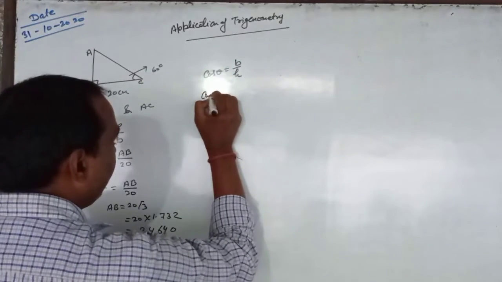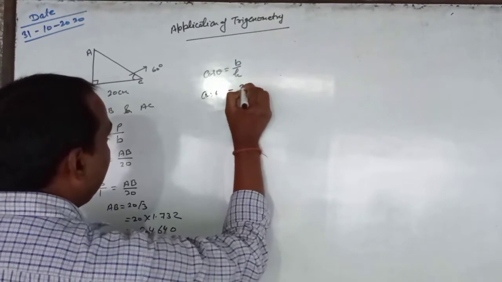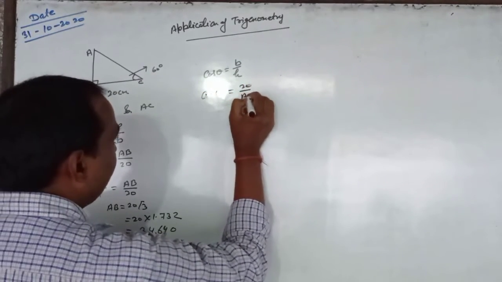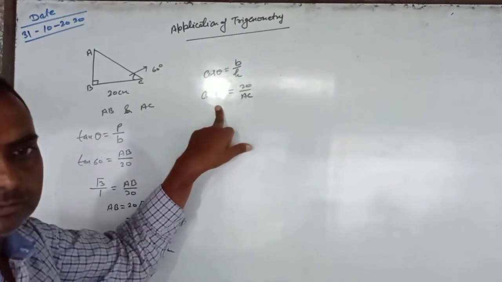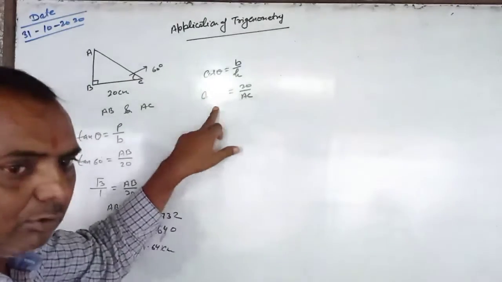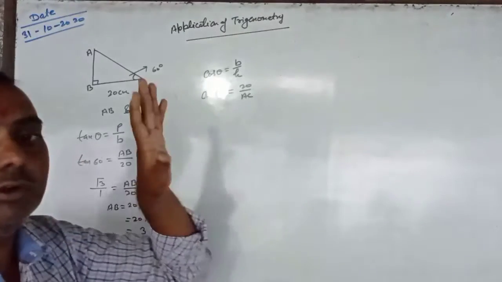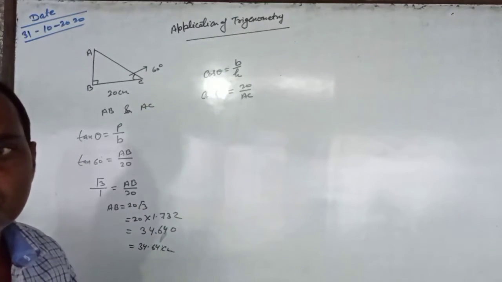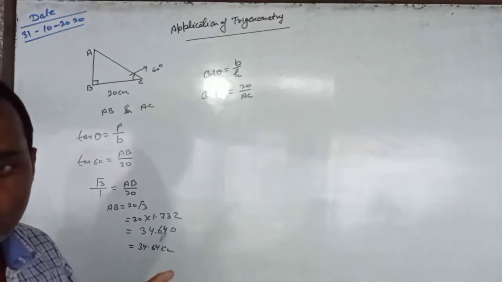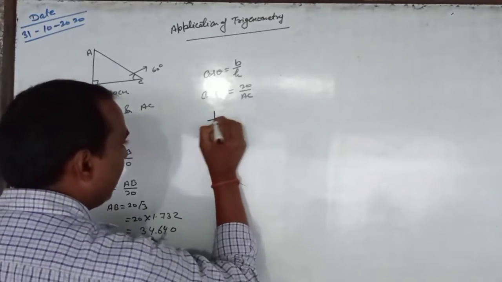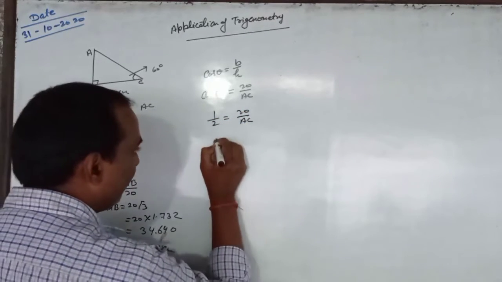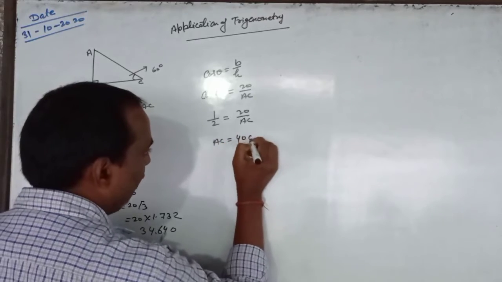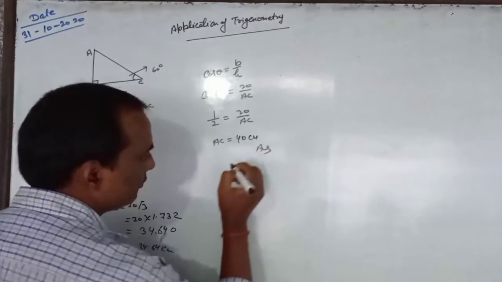Here cos theta is cos 60, base is 20, hypotenuse we have to find, and cos 60 equals 1 by 2. So here 1 by 2 equals 20 by AC, cross multiply, here AC equals 40 cm.